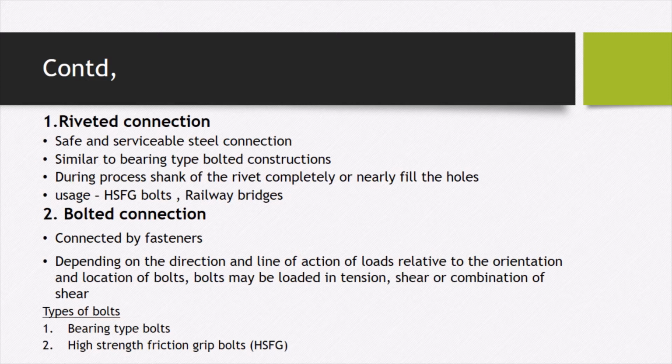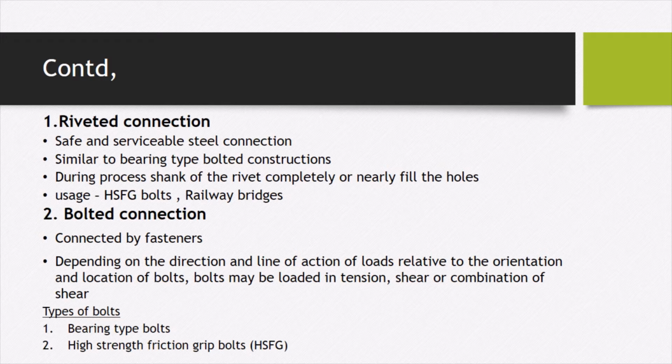You know what is meant by bolt connection. We are using bolts to connect the members. It is connected by the fasteners, and based upon the line of action of loads relative to the orientation and location of the bolts, the bolts may be loaded in tension, shear, or a combination of both.